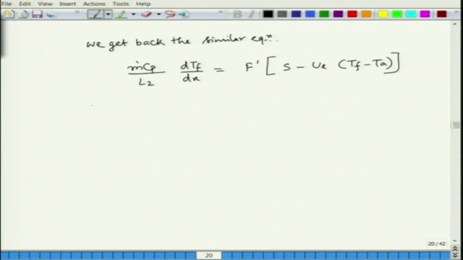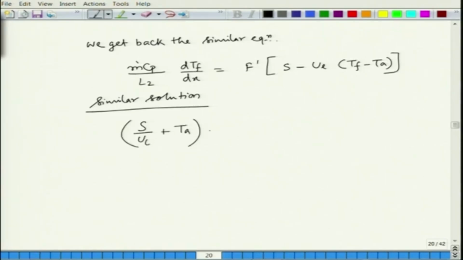Okay. So, if we have the similar equation, the solution will also be similar, right. There is no question of any dissimilarity. So, just by following the solution of the liquid flat plate collector, we can straight away write it in this form.